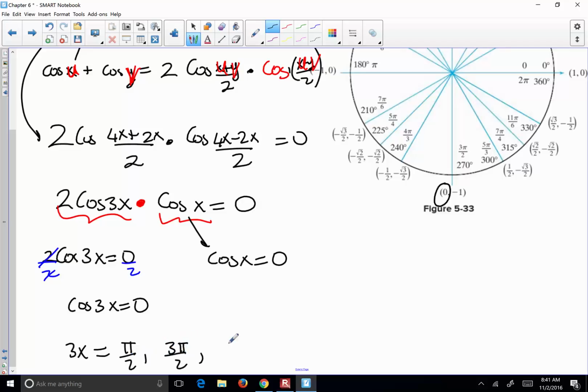But not only these, I need to add 2 pi to them, or maybe 4 pi as well. If I do 4 pi, when I divide by 3, they are still in the range, right?